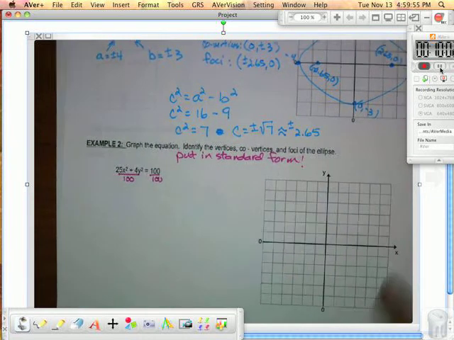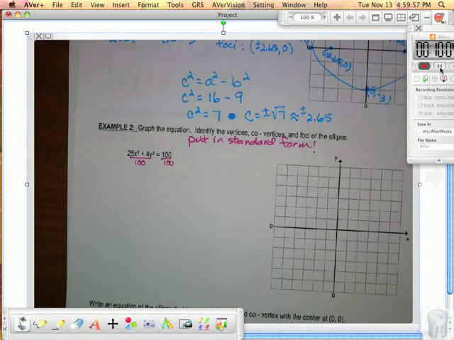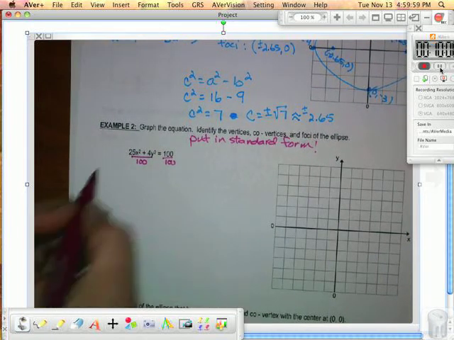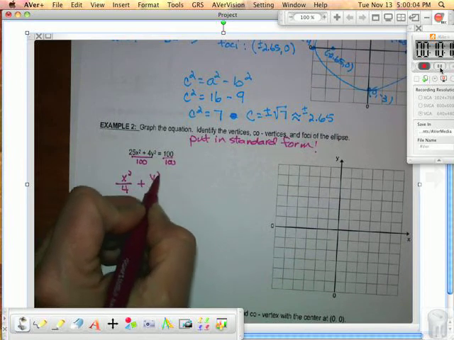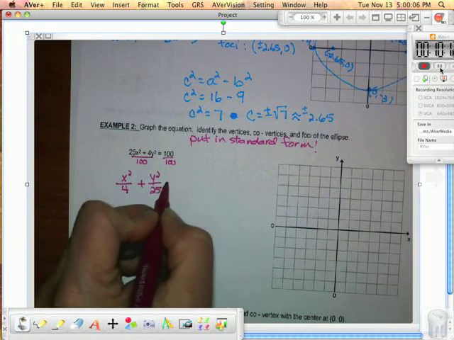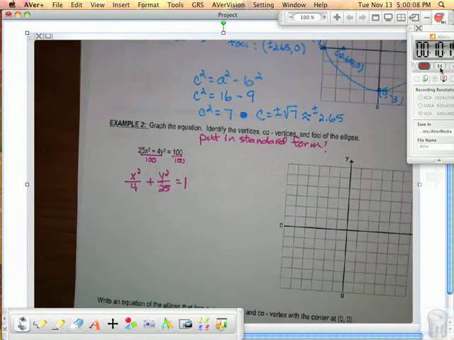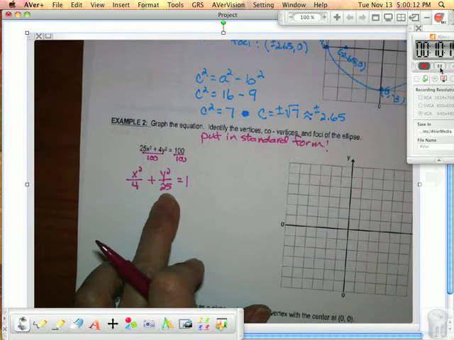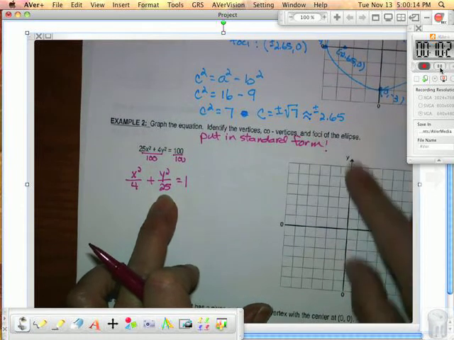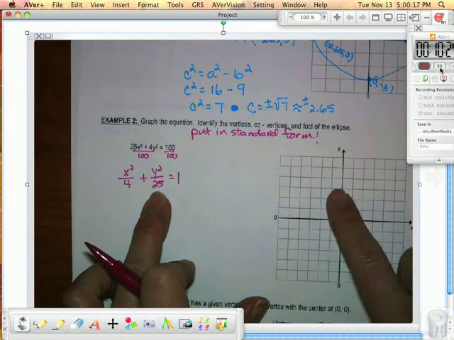So divide everything by 100, and you'll end up with x squared over 4 plus y squared over 25 equals 1. All right, now notice that this is the bigger number, so this is going to be my a, which is also going to tell me that I'm going to have a vertical ellipse.